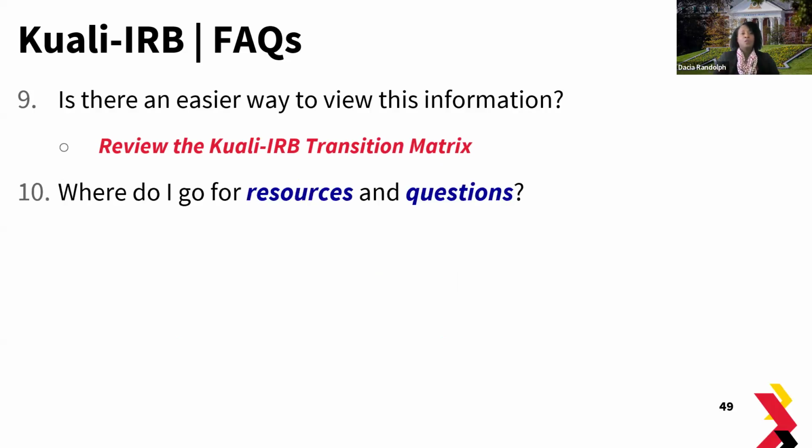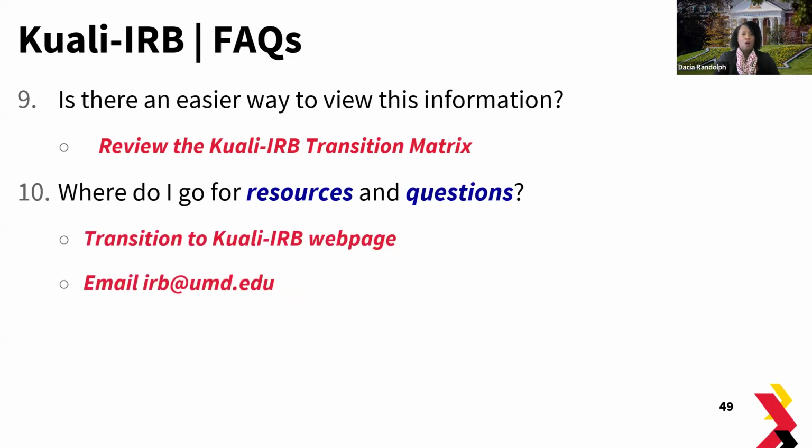All right, and then lastly, where do I go for resources and questions? So first and foremost, definitely revisit, review, look at for the first time, if you will, the transition to Kuali-IRB webpage. I will provide that link to you, but that's where you get the most real-time information.